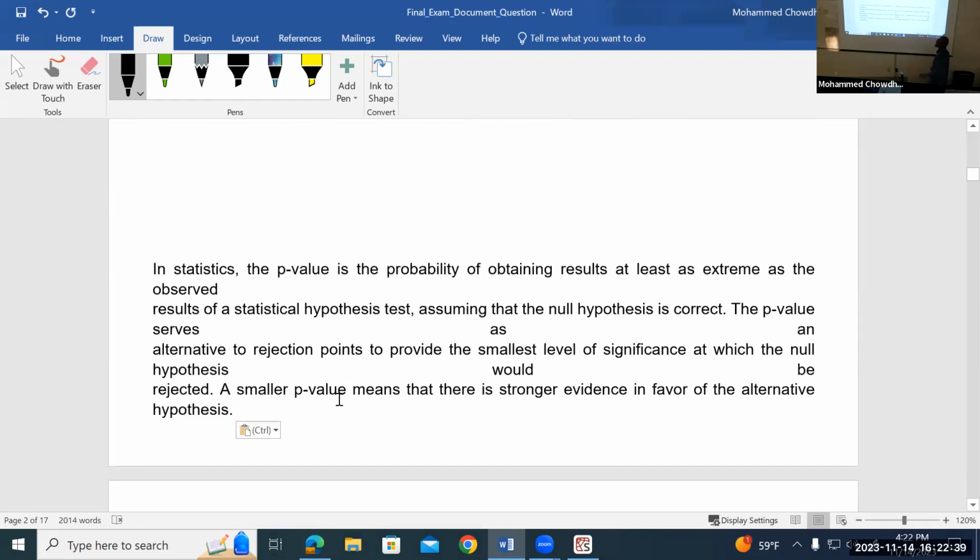See, what is the p-value? In statistics, the p-value is the probability of obtaining a result at least as extreme as the observed result of a statistical hypothesis test, assuming that the null hypothesis is correct. They said as extreme as.